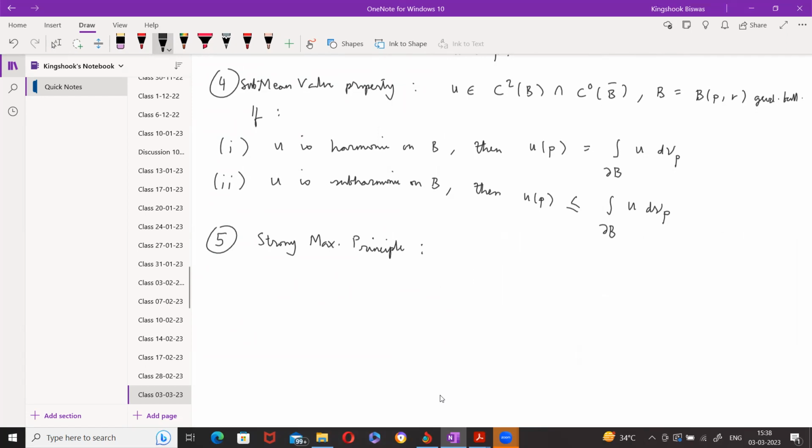This says the following: if U is harmonic, or let me assume actually subharmonic, so if U is subharmonic on a connected domain D, then if U attains its maximum at some P naught in D, then U is constant.